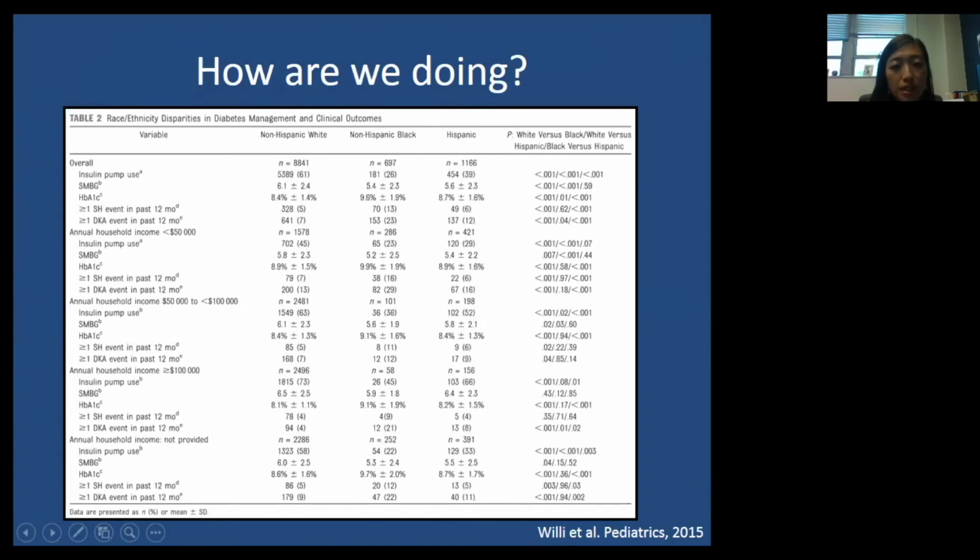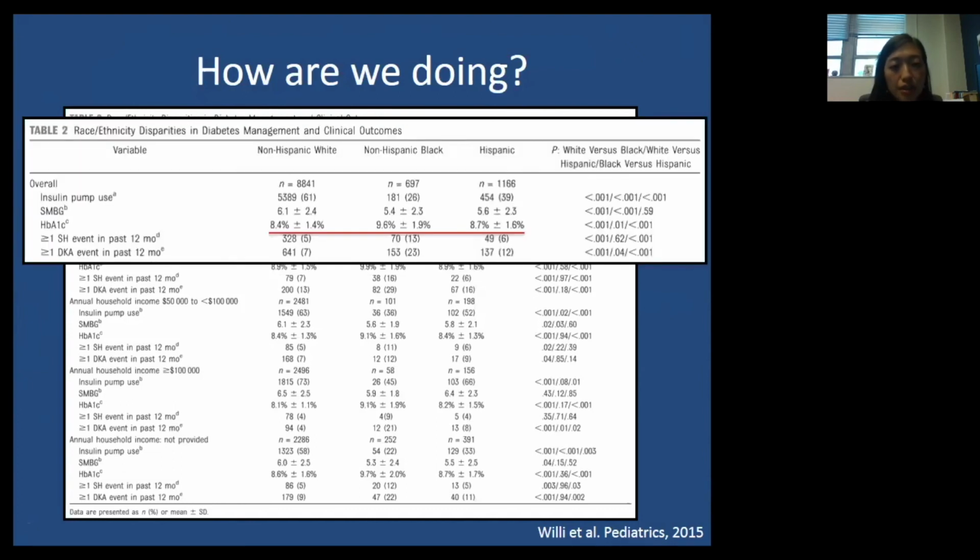And it looked at a lot of different variables, how many, what percentage are using insulin pumps, DKA episodes and such. I just wanted to highlight our glycemic targets and how we're doing in terms of getting our patients down to kind of the standard goal of an A1C of 7% or lower.